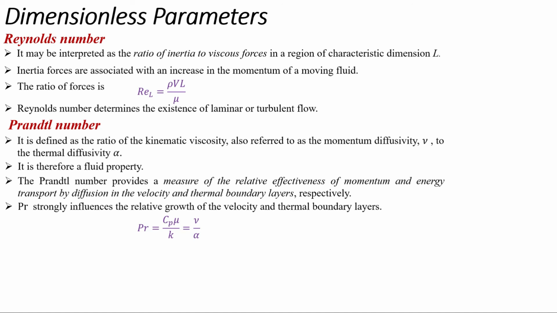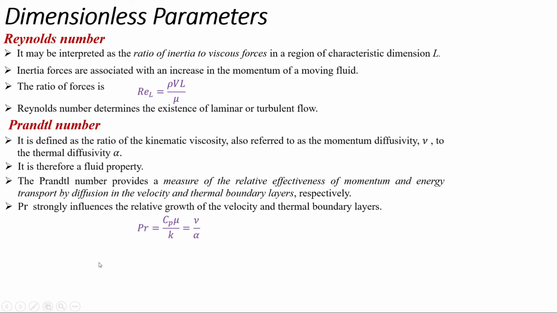Nu, which is the kinematic viscosity, is a fluid property. Alpha is also a fluid property. So Prandtl number is also a fluid property, and Prandtl number is simply Cp mu over K or nu over alpha.